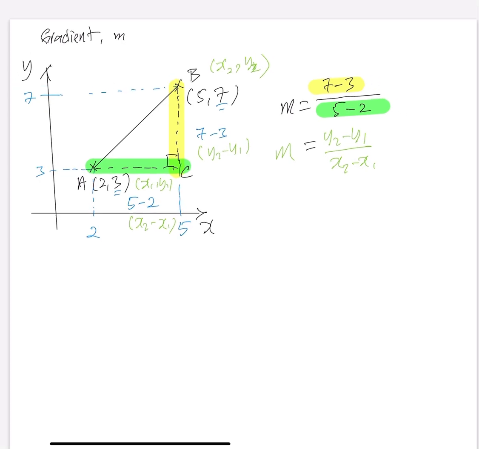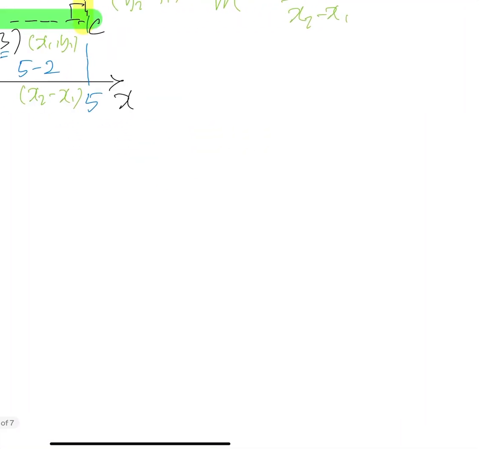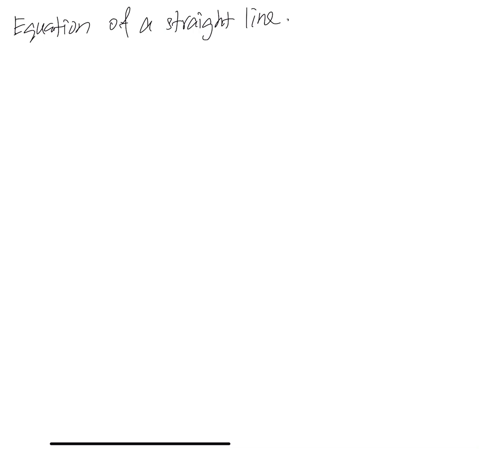Okay, so the last one we are trying to find, let me use another page. We'll try to find the equation of a straight line, or rather a linear function. So the equation of a straight line, the gradient-intercept form, will be y equals mx plus c.